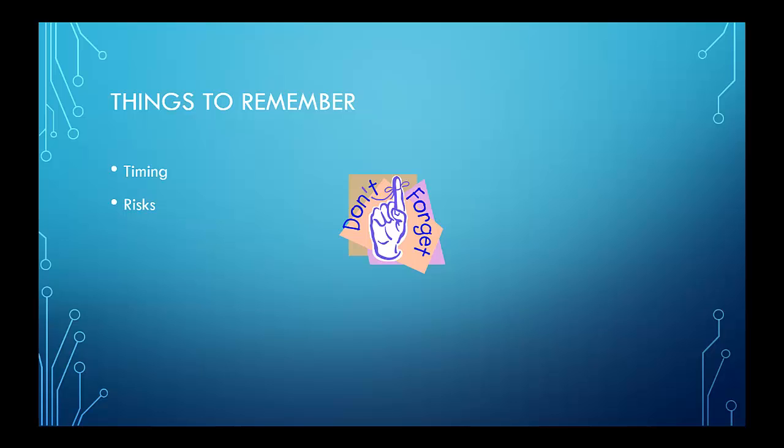Another thing to remember is that pen testing presents its own risks, because during the pen testing process you might actually have some system outages because you're actually attacking your system, and there is the risk of a pen tester stealing your information, and you may end up with the loss of your trade secrets and so on.